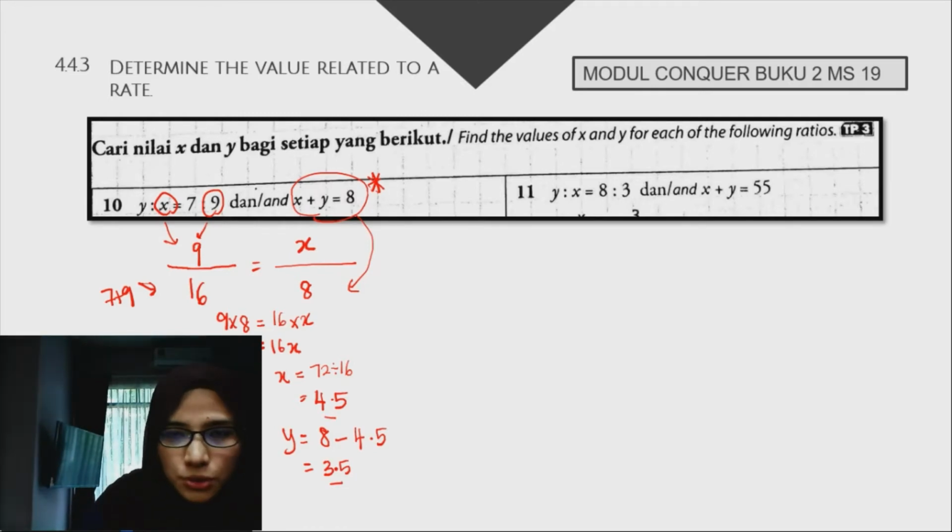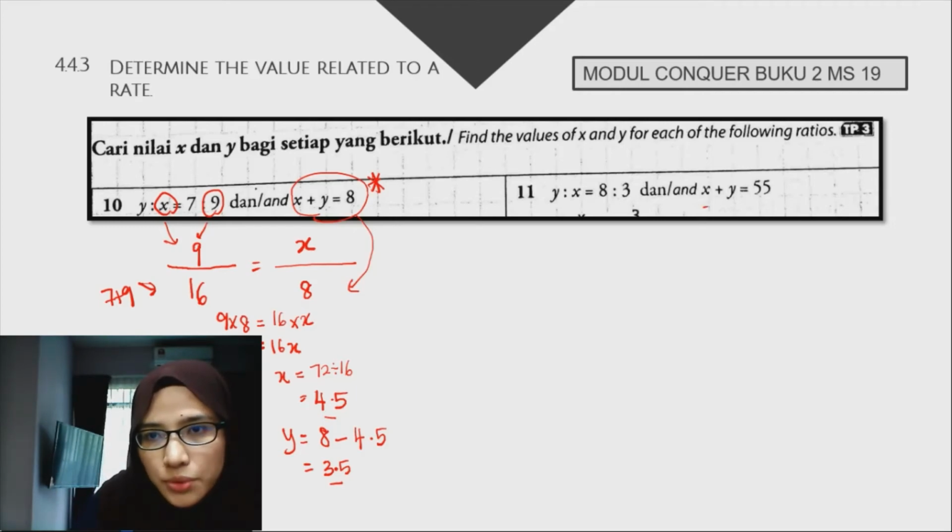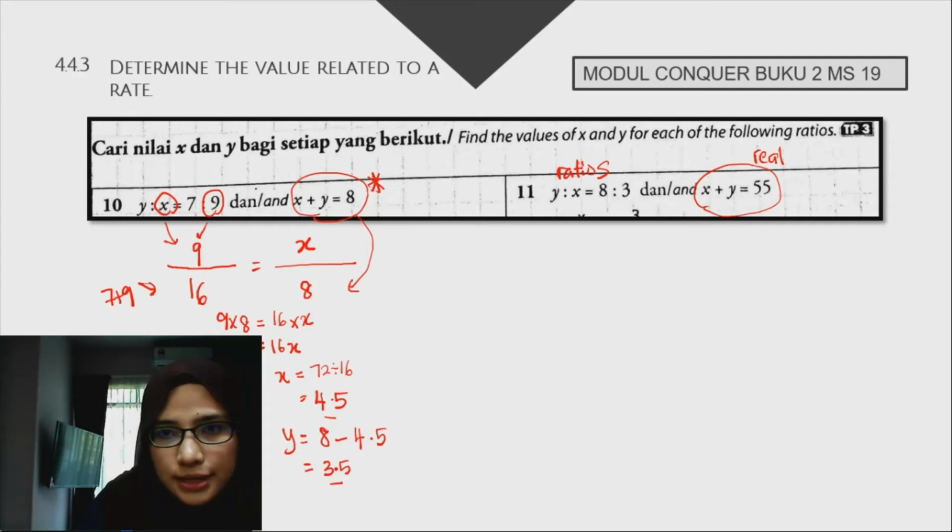If you don't want to use proportion method, you can always use unitary method or comparison method. For example, here we have x plus y is 55. This one is real value. This one is ratio. So we are comparing between ratios and the real value. So given real value is x plus y, we need to compare the ratios x plus y as well. So ratios x plus y is 8 plus 3 is 11.